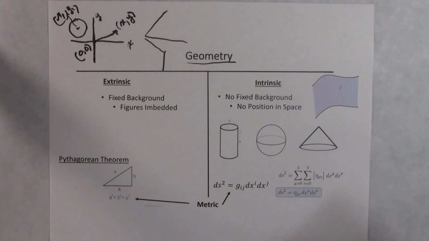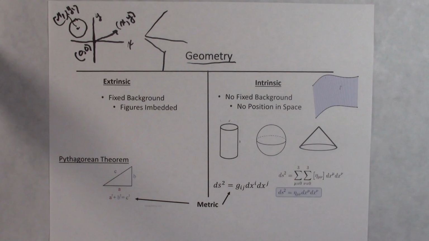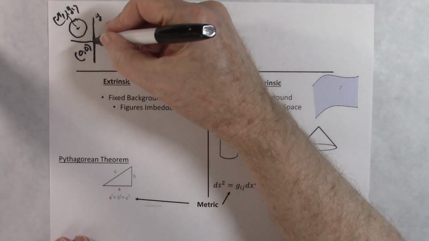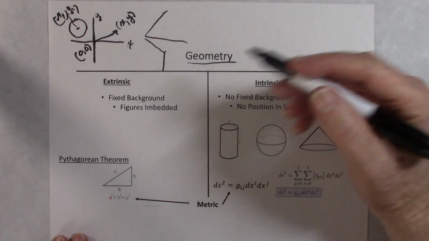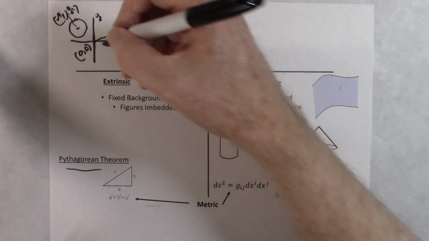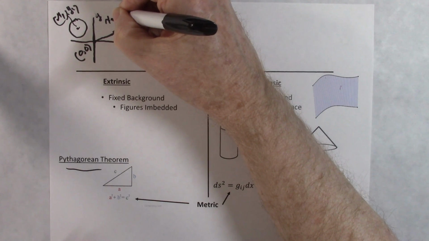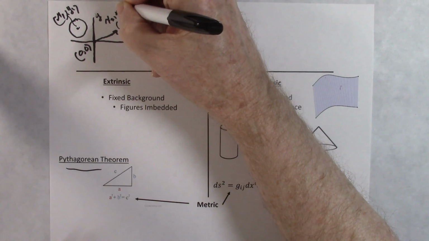If we have any kind of a geometry, whether it's extrinsic or intrinsic, we need to have a way of measuring distance. How far are these points away from each other? For this particular fixed background, we measure distance using the Pythagorean theorem. And most of you are probably familiar with this. So if we have 2 points, there's x1, y1, and we have another point, x2, y2.